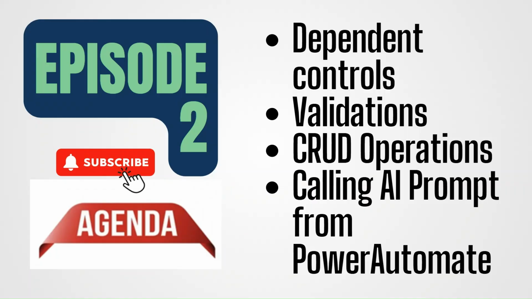You will also see how CRUD operations can be done from PowerApps to Dynamics 365 Finance and Operations. Lastly, we'll conclude episode 2 with how you can call an AI prompt from Power Automate and why this is relevant and essential. We will cover all these topics in episode 2.